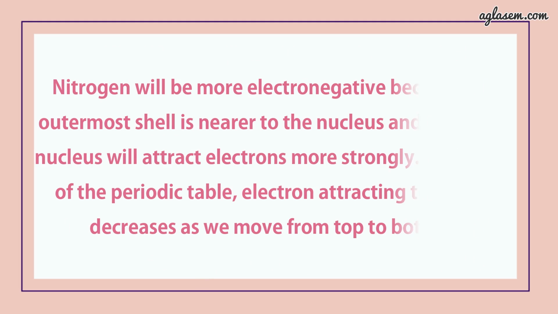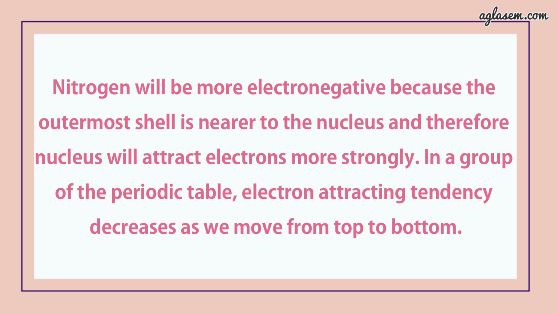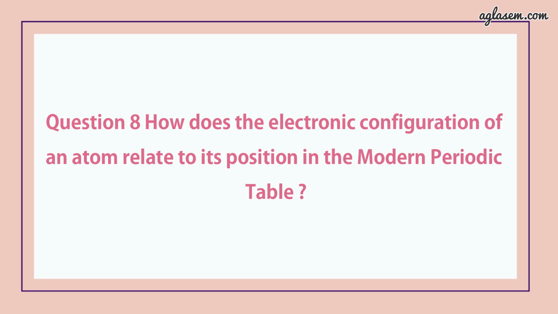So here nitrogen will be more electronegative because the outermost shell is nearer to the nucleus and therefore the nucleus will attract electrons more strongly. And in a group of the periodic table, electron attracting tendency decreases as we move from top to bottom.